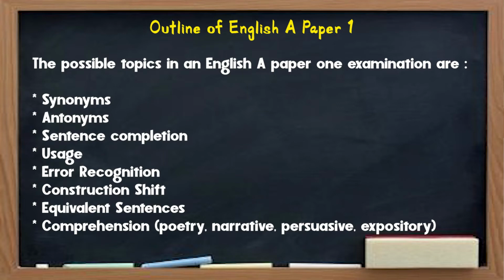So what exactly are the possible topics or outline of our English language paper 1? The possible topics that we may see on this paper are synonyms, antonyms, sentence completion, usage, error recognition, construction shift, equivalent sentences, and comprehension, as we stated, in the form of poetry, narrative, persuasive, or expository pieces.